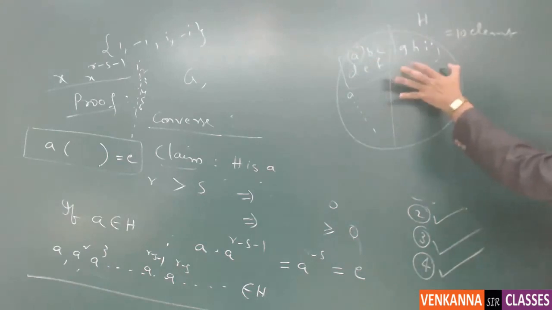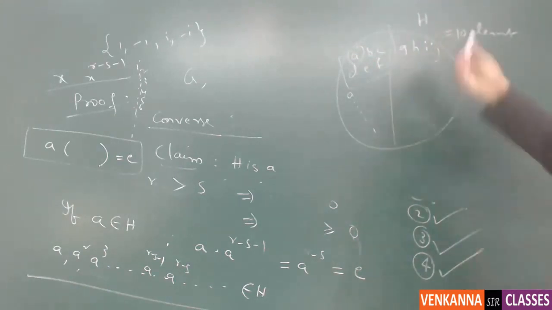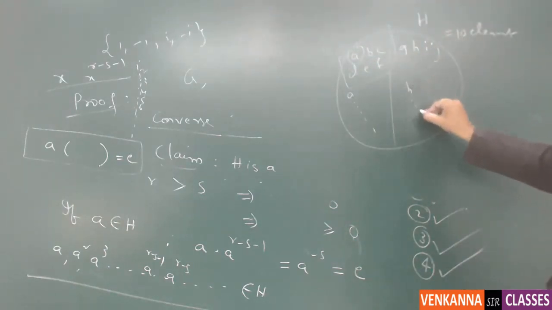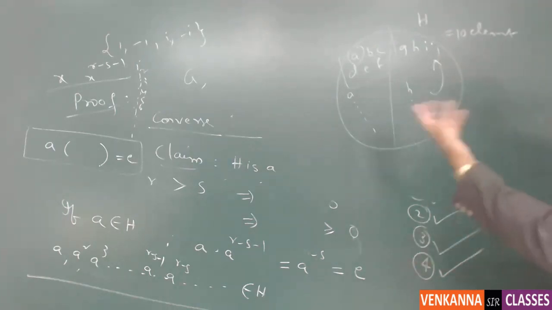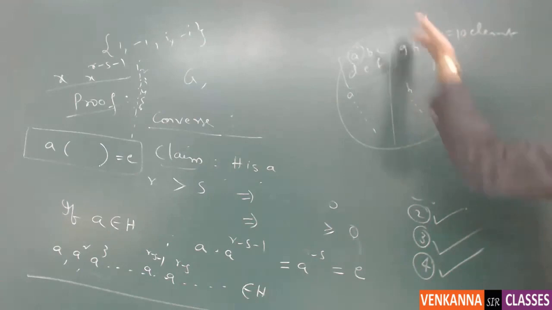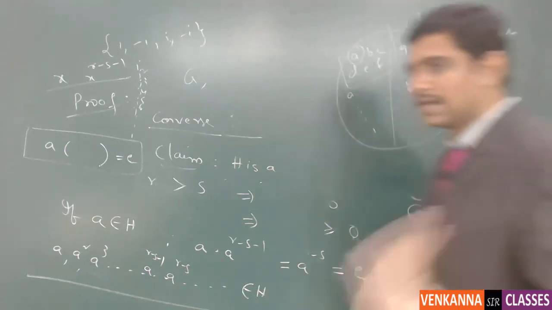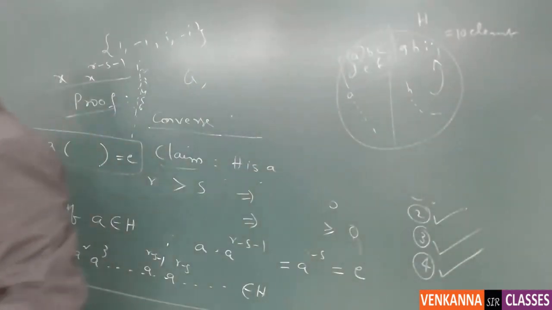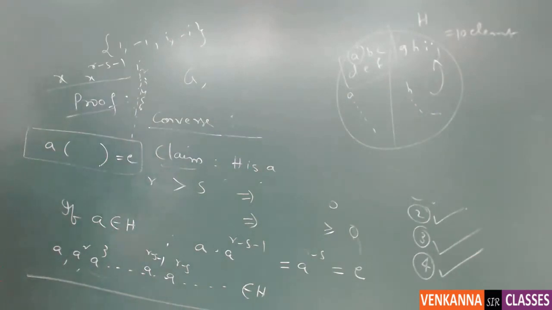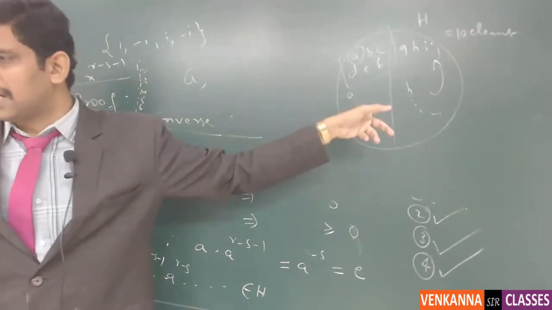But these are not coming; these are coming from some other element, say H, while raising its powers. So you cannot say that this is a generator of H or that is a generator of H. Occasionally there will be one element generating the whole set. Here, there is no question of generating.